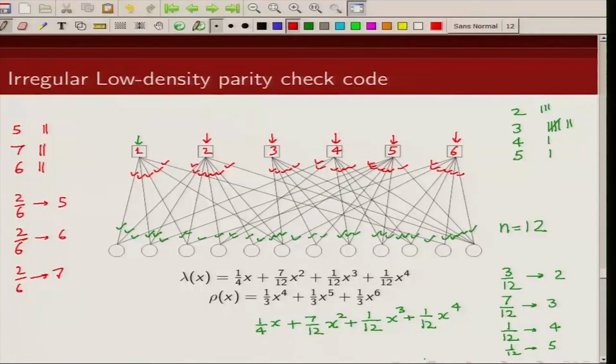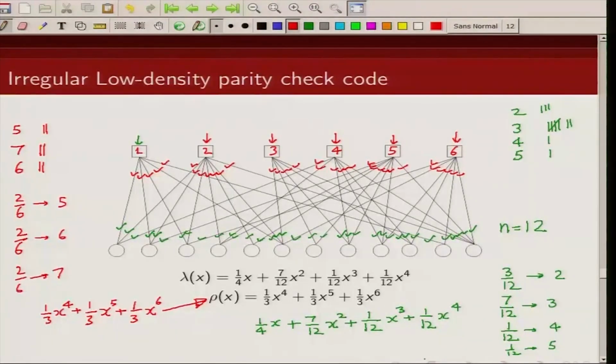So, then we can write the row distribution as 1 by 3 x raised to power 5 minus 1, that is 4, plus 1 by 3 x raised to power 6 minus 1, that is 5, plus 1 by 3 x to power 7 minus 1, that is 6, and that is precisely what I have written here.